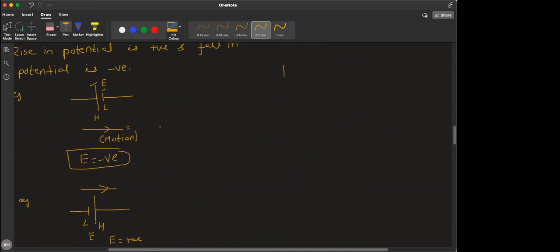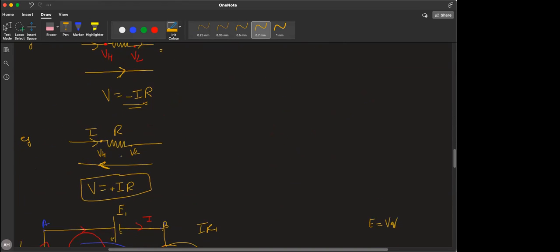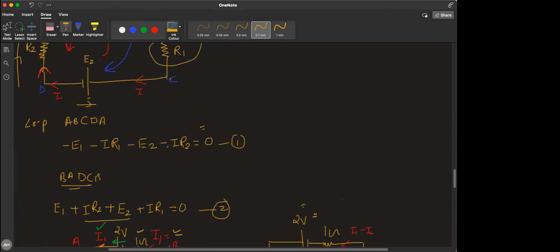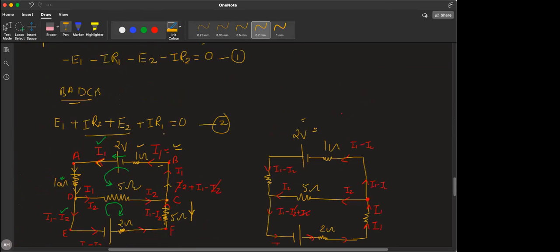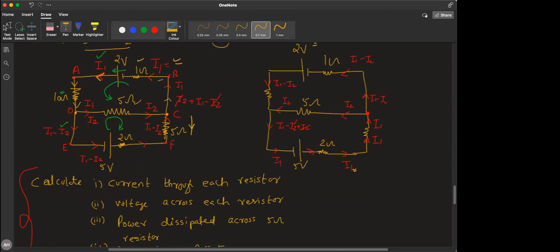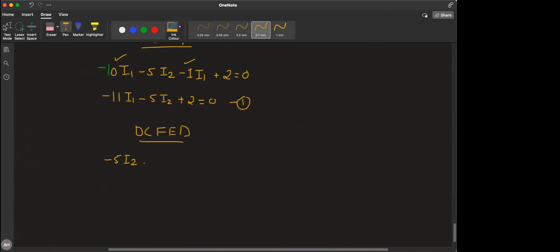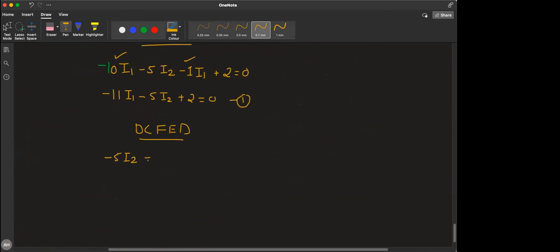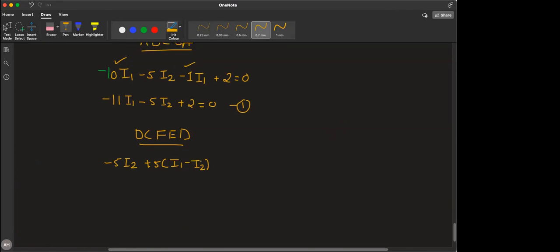Here we are going in a direction opposite to that of the current, so the voltage drop is positive. So it's plus 5I2.